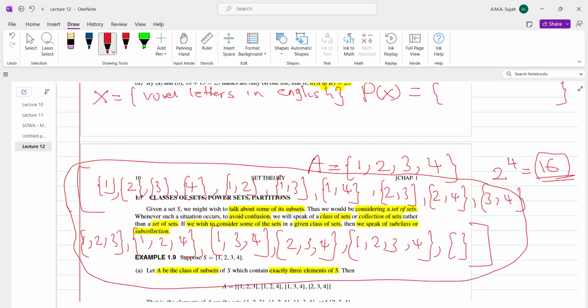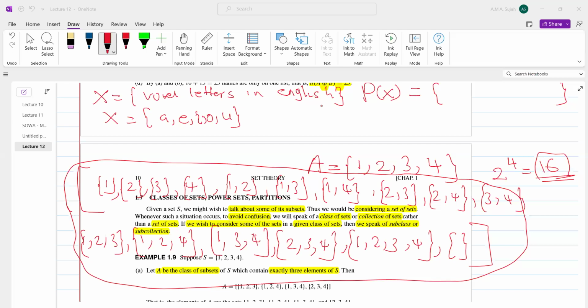First you need to find the elements of X. What are the elements of X? A, E, I, O, U, right? These are the elements of X. Now, how can you find P of X? P of X is the power set, so theory says you need to write all the possible subsets.